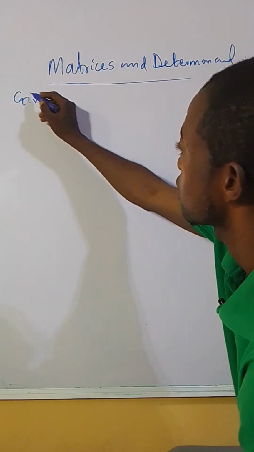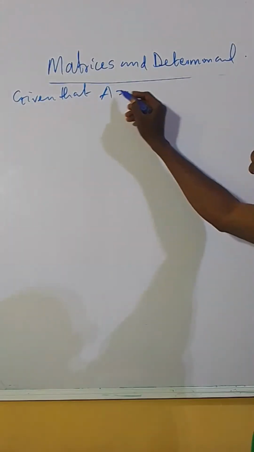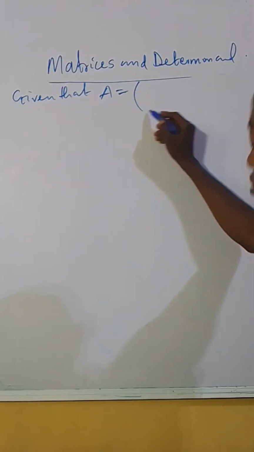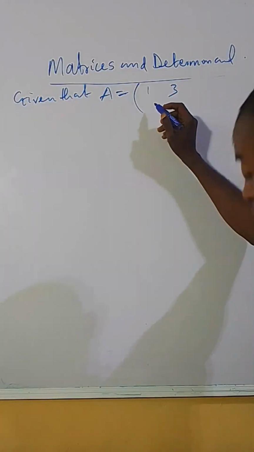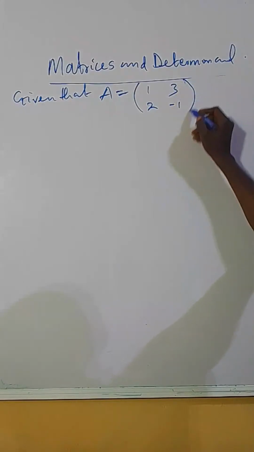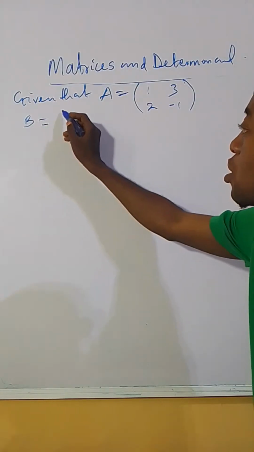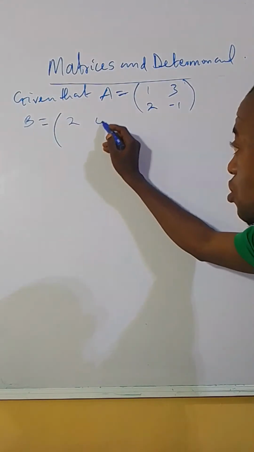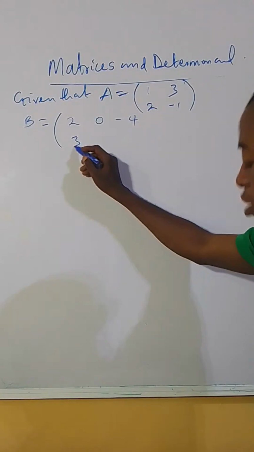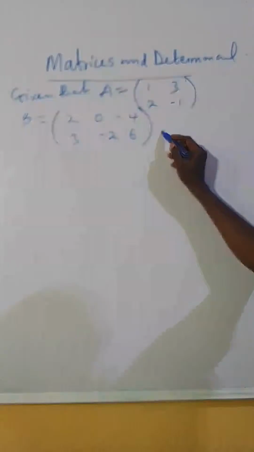Given that A equals a 2 by 2 matrix, 1 3, 2 minus 1. B equals a 2 by 3 matrix, 2 0 minus 4, 3 minus 2 6.